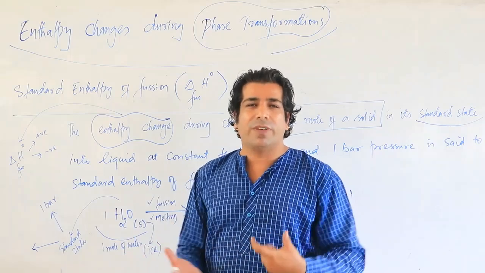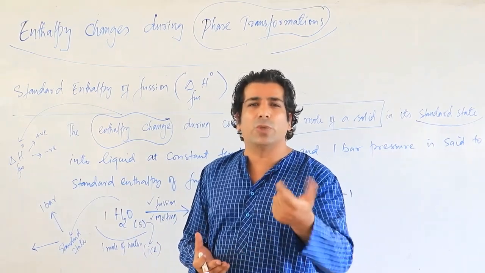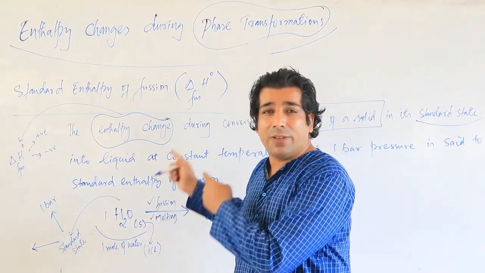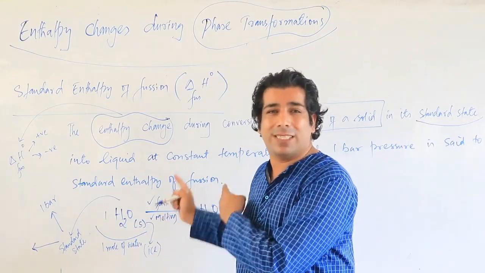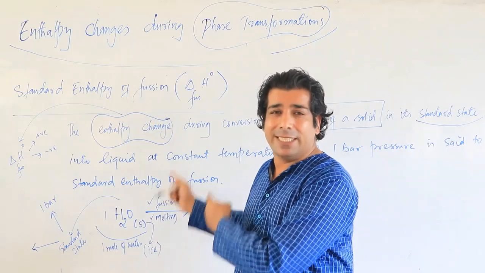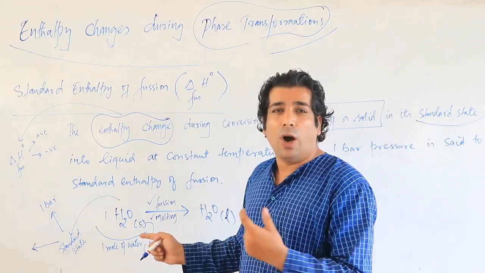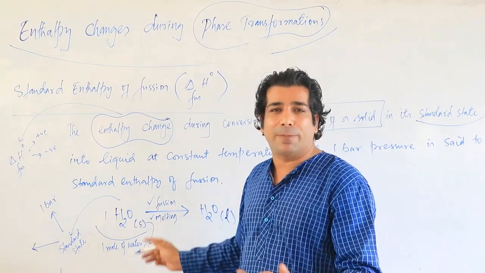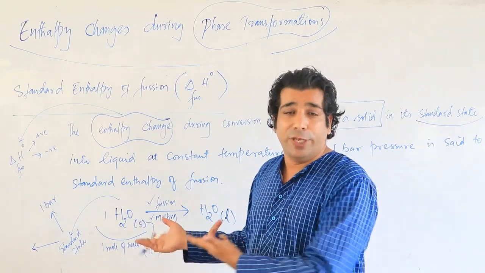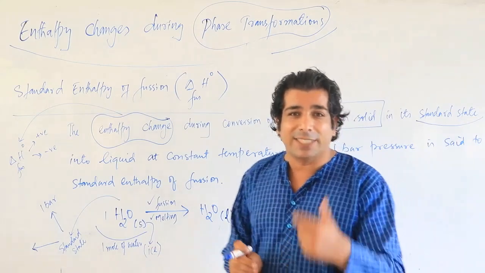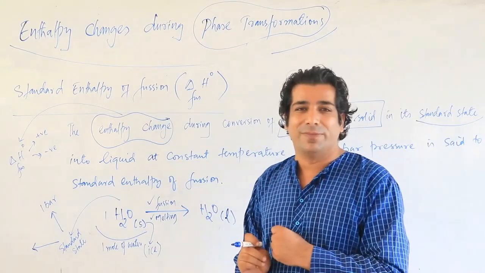In many physical and chemical reactions it is 298 Kelvin. But here I have to see at which temperature this process is taking place. Is it 298 Kelvin, that is 25 degrees Celsius? Or will the melting of ice take place at 0 degrees Celsius? We know that ice will start melting at 0 degrees.